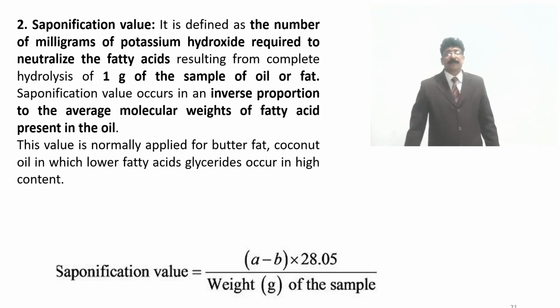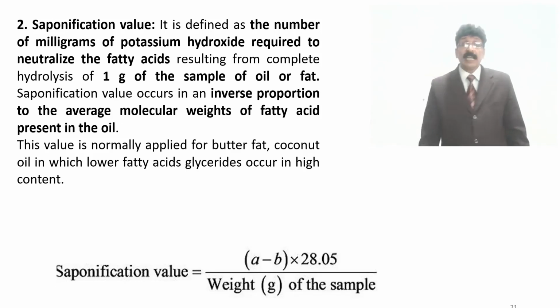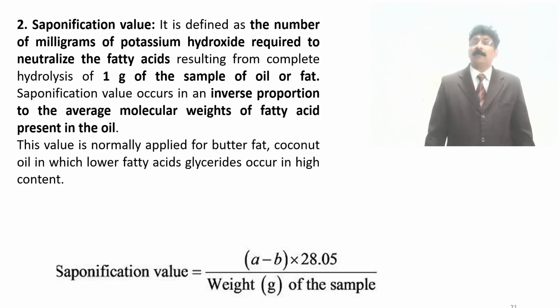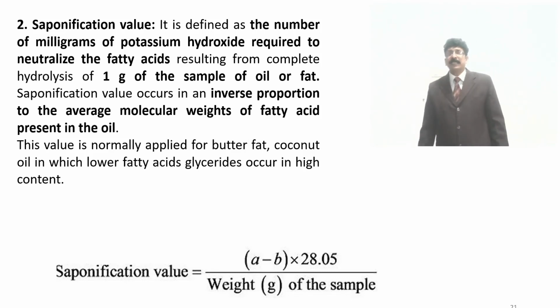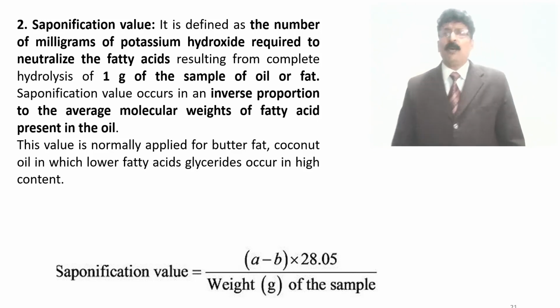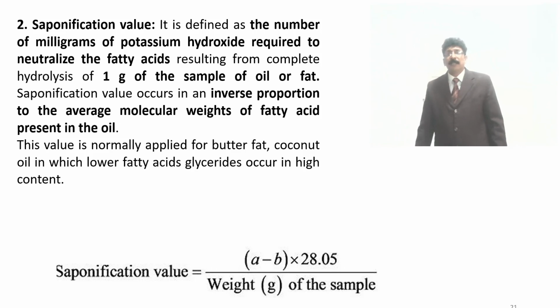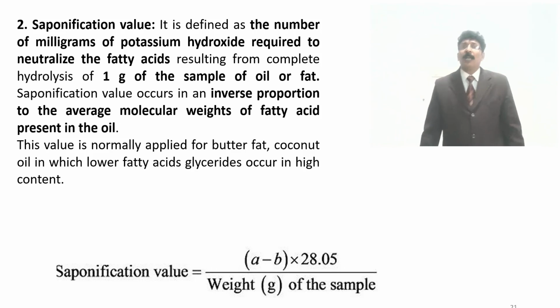content. The calculation can be made by: saponification value is equal to A minus B, meaning the difference between the blank and the titer value, into 28.05. How come this 28.05? Because here we are using 0.5 molar potassium hydroxide.